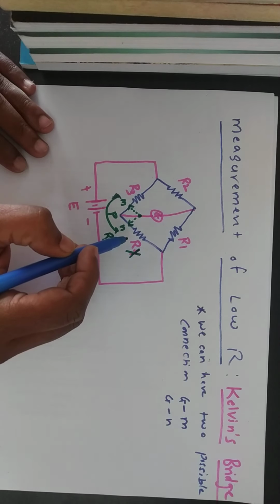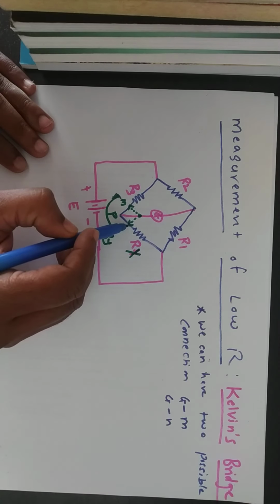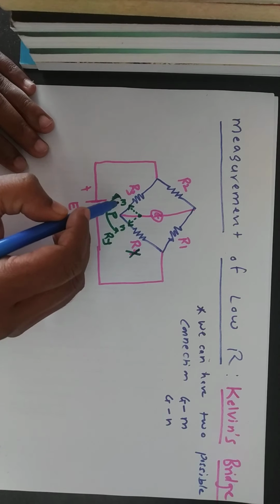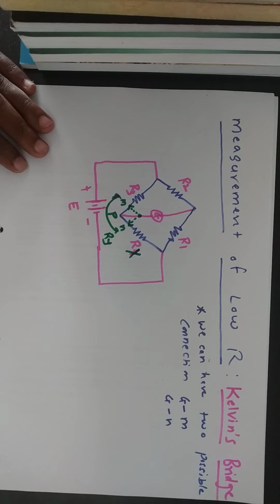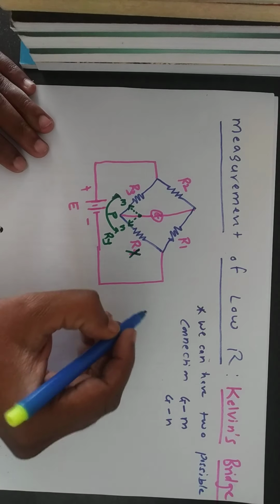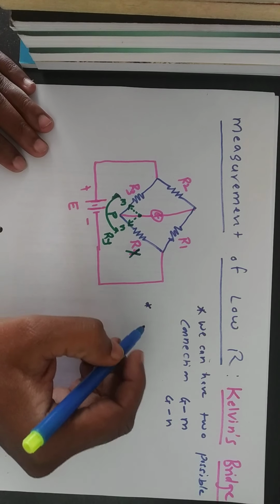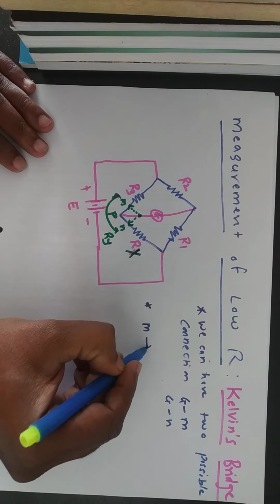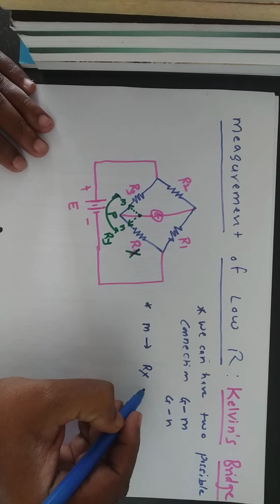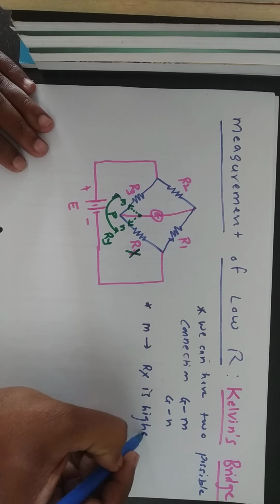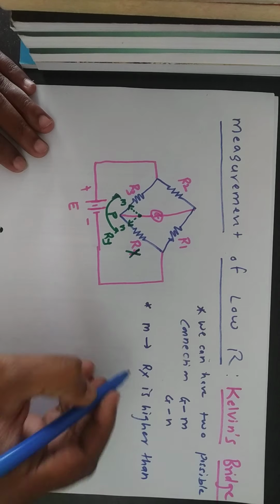And if you connected this galvanometer to point N, then you can remove this resistance Ry from Rx. So when the galvanometer is connected to point M, the resistance Ry is added to Rx. So Rx, that is your unknown resistance, is higher than the actual value.